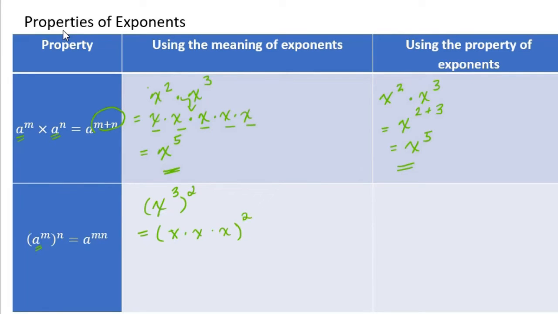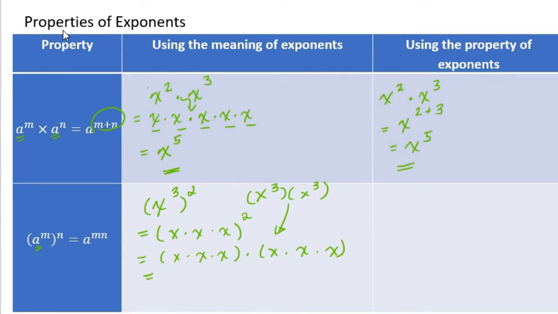But what does that power of 2 mean? The power of 2 simply means that everything inside the brackets here is multiplied by itself twice. So I have x times x times x, and I'm going to multiply that by exactly the same thing, x times x times x. Similarly, we could have written x to the power of 3 times x to the power of 3, and that tells us what the 2 is all about, and then expanded it to give this line.